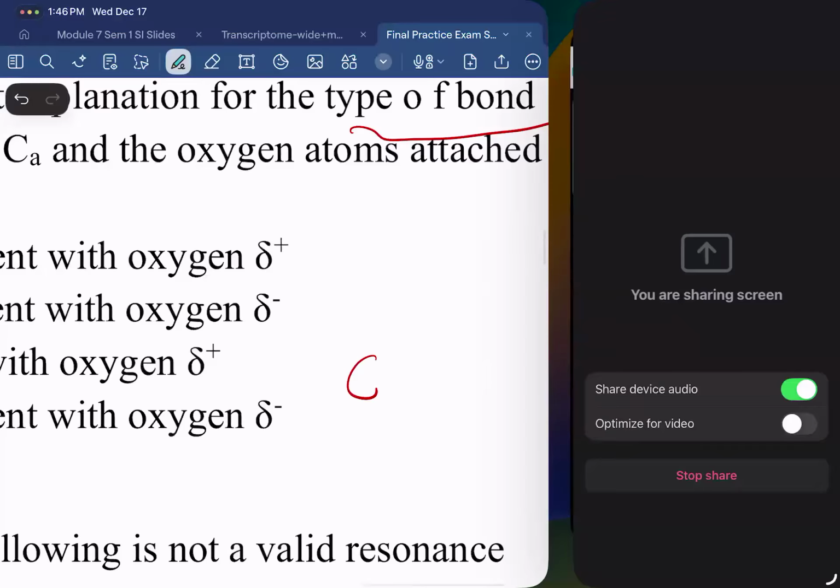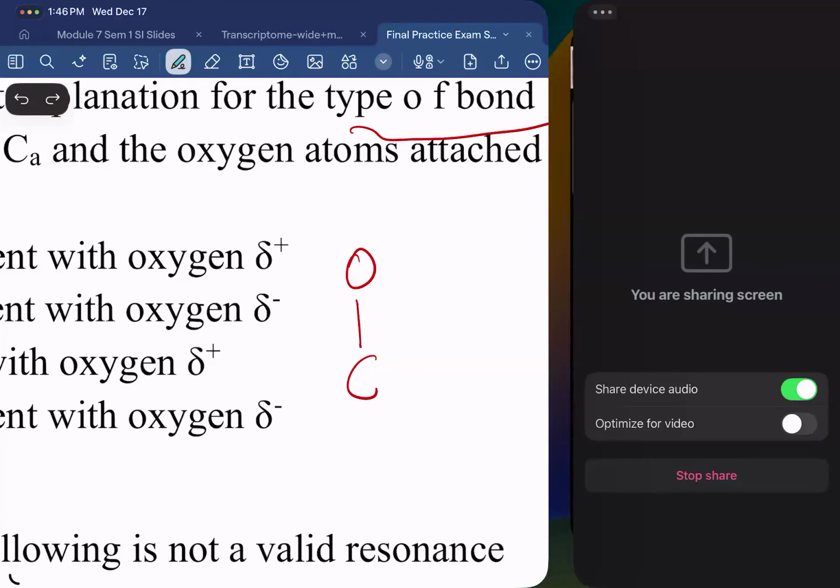Basically, when we're talking about any molecule or bond, there is a way to express the direction of where electrons are going to flow. As we know, oxygen is a lot more electronegative than carbon, so the electrons are going to flow in this direction. That represents that not all the electrons, but a lot of the electrons, are going to be around oxygen and not as many around carbon.